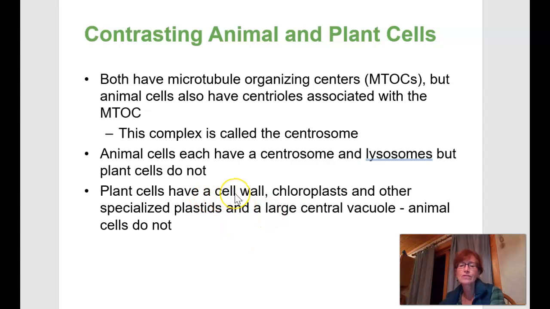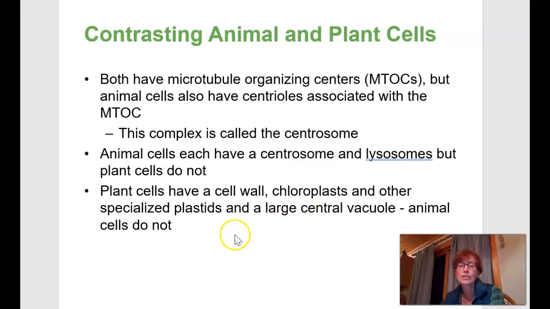But plant cells do have some other things, including a cell wall, and they have chloroplasts, the structure filled with the green substance chlorophyll, and that's for making their own energy, or at least taking sunlight and making it into some form of simple sugar so that it can be broken down for whatever energy needs it has. And it also has some other things in it, including the very large central vacuole.